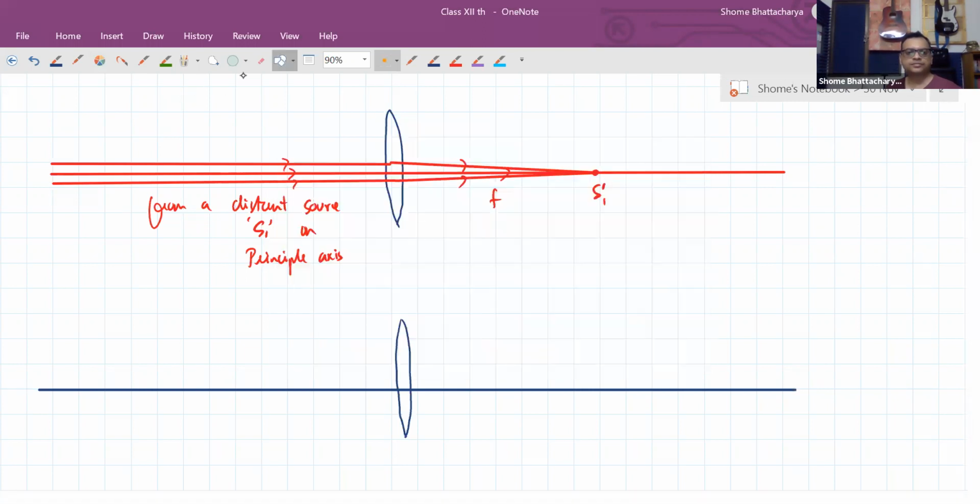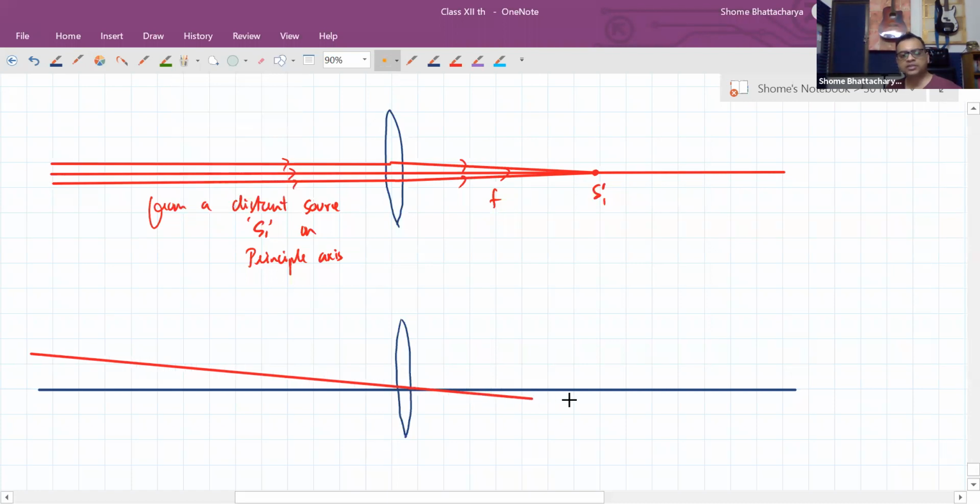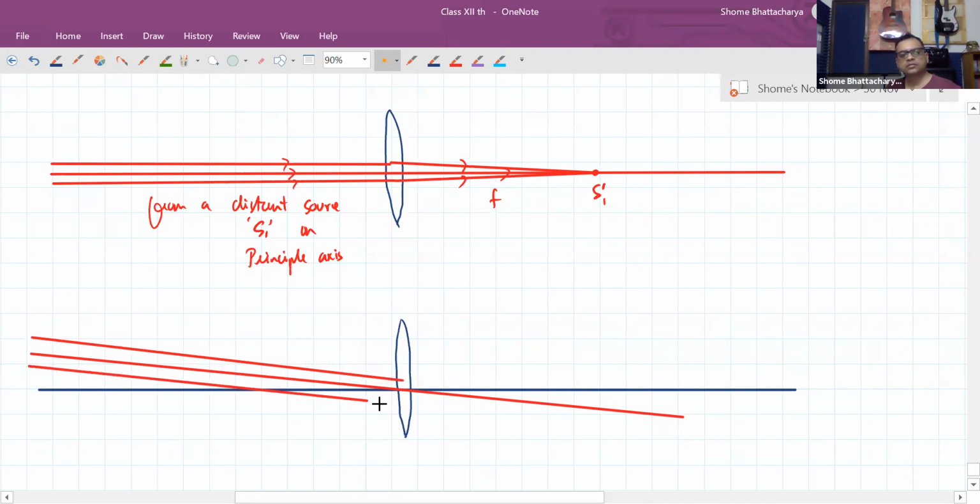Imagine that very distant star which is at some angle. The direct beam of light coming is like this. The one going through the pole will be undeviated, but these rays will after refraction bend slightly like this and give you an image of it.